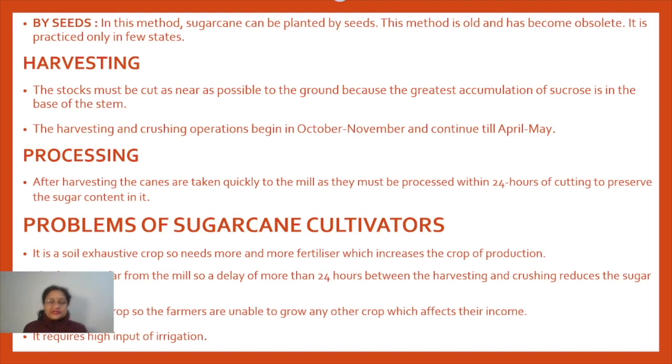And we have discussed in the earlier part that when the sugarcane is not crushed within 24 hours, the sucrose quantity within that sugarcane starts going down, it starts decreasing. So naturally the production of sugar gets affected by that. And then a proper return is not received by the farmers.